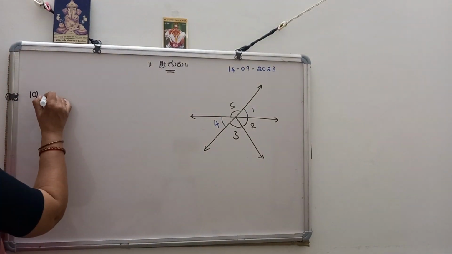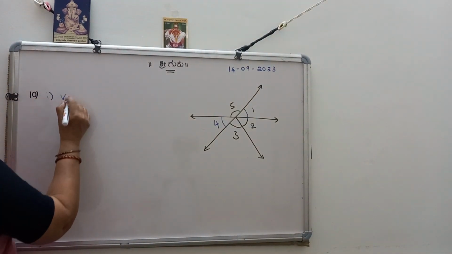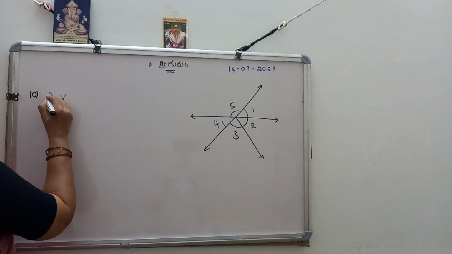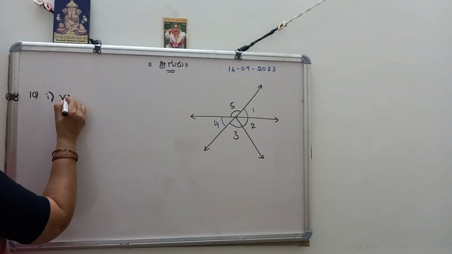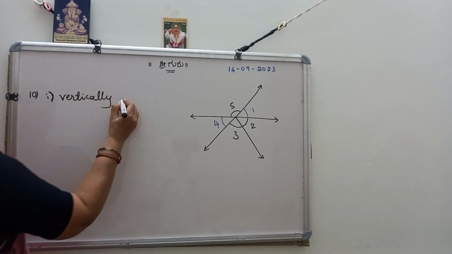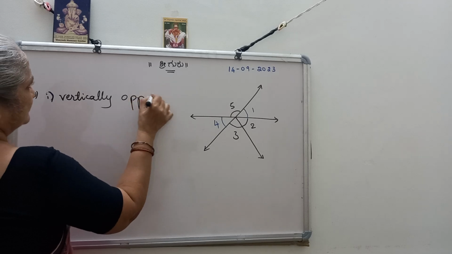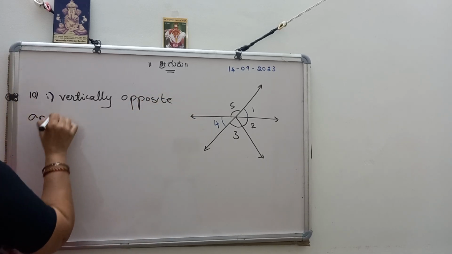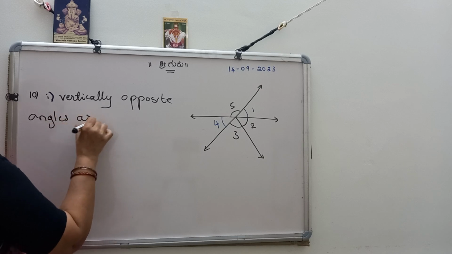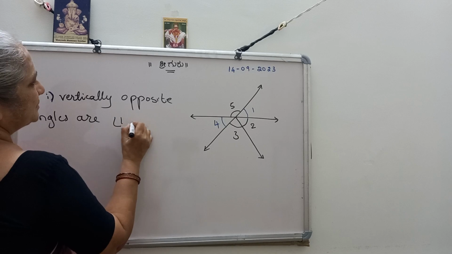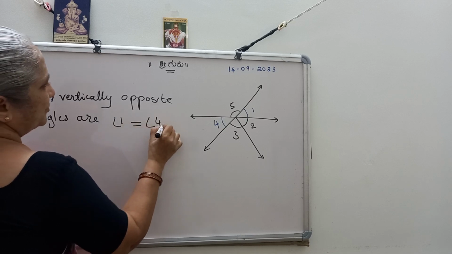Therefore, vertically opposite angles are angle 1 is equal to angle 4.